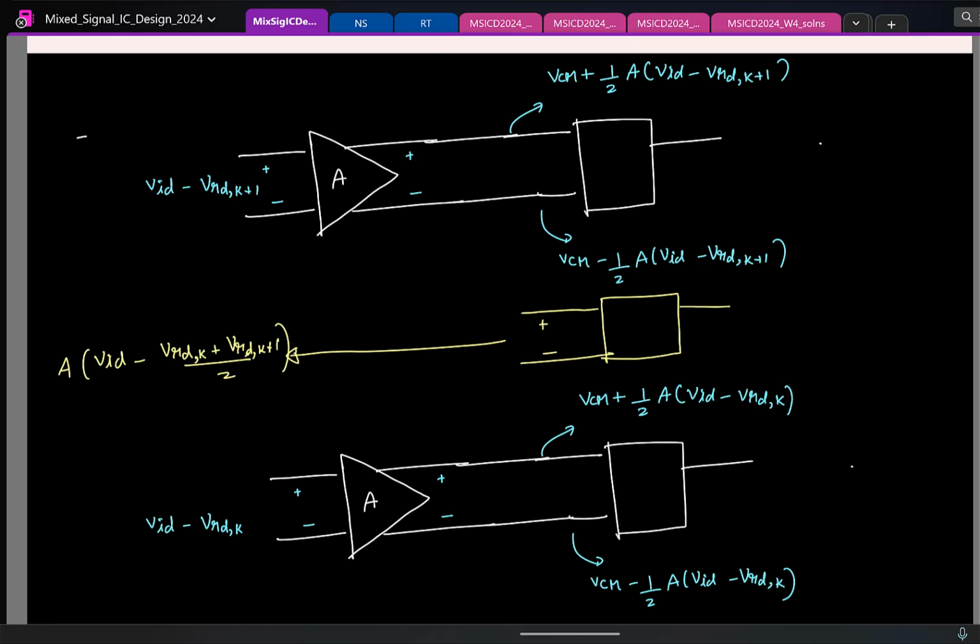But I am being very stubborn and saying I don't want to have a preamplifier here. So somehow I need to feed two signals here so that the difference looks like this. Can you stare at the circuit and tell me if we can do some arrangement here? The only thing I want is that the difference should look like this. Are there any two voltages whose difference is equal to this?